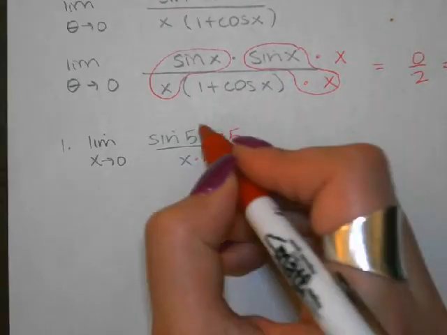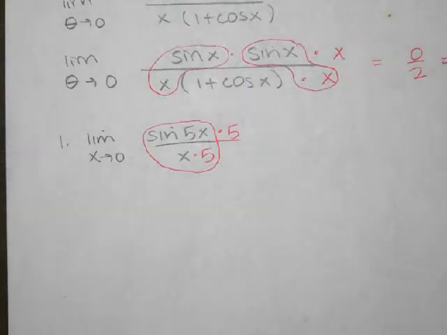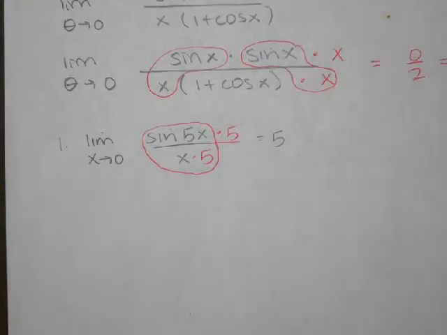All right, and then this part would have a limit of 1 because it's sine 5x over 5x. And then I can do direct substitution to finish out the problem. So it equals 5.